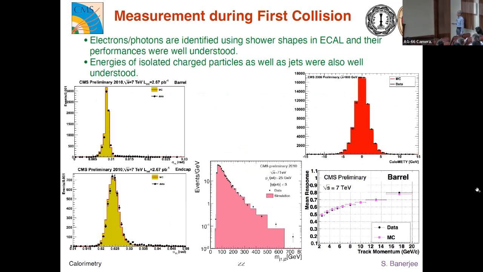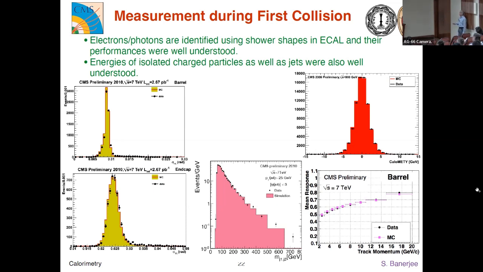Now, this is from the very early days of the signal, and the reason for showing these pictures is to see how well we understood the detectors from the very beginning. These are the resolutions of the electrons in the barrel and endcap; the black points are the data and the histograms are the Monte Carlo.